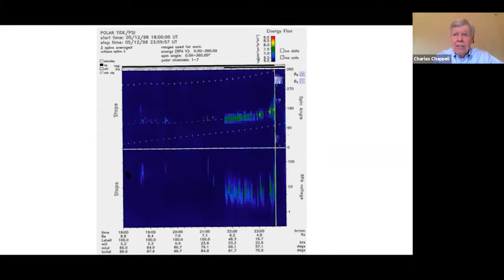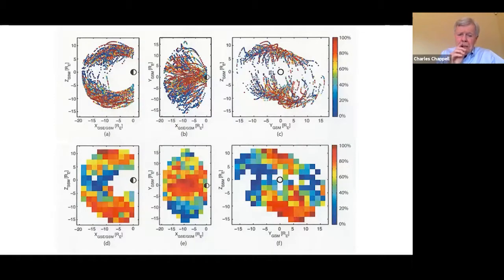So it's out there, the lobes are full, and the lobes are full all of the time, as long as the ionosphere is in the sunlight at the feet of those field lines. So that's an important thing. On the Cluster mission, they had spacecraft potential control, and they had a very clever complement of instruments that could measure the wake direction of the plasma that was flowing by the spacecraft when it was in the lobe.